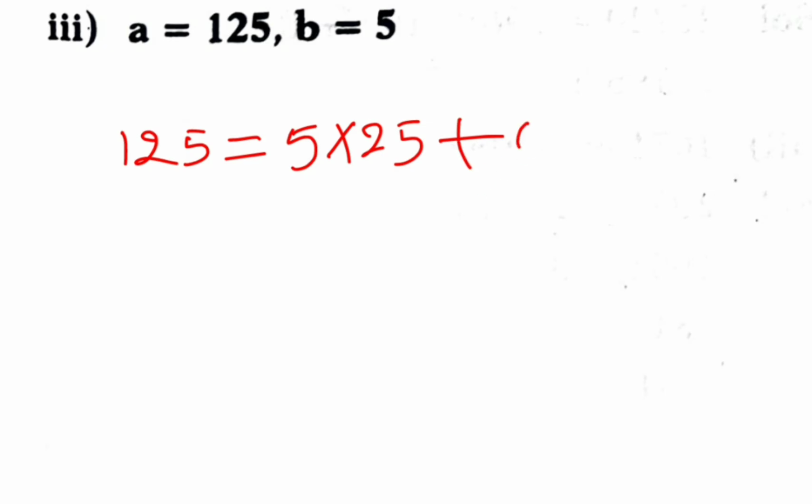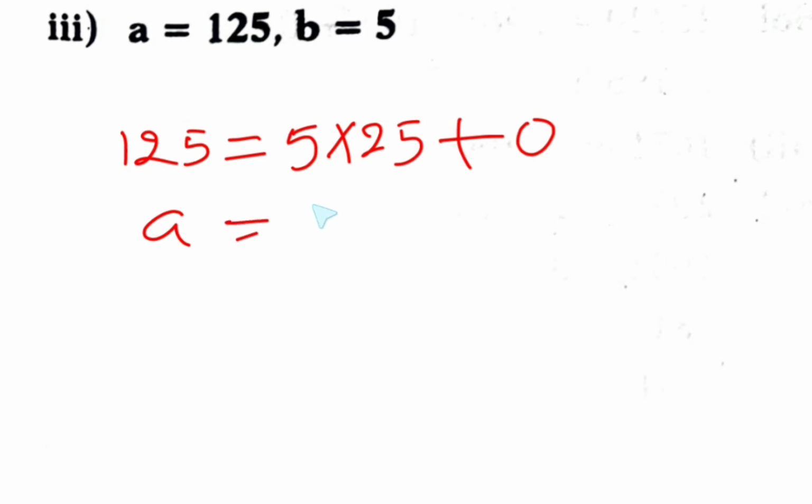Let us take A equal to 125, B equal to 5. 125 is equal to 5 into 25, that is 125, plus 0.